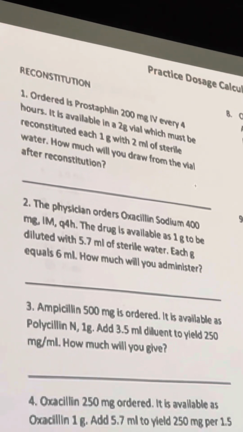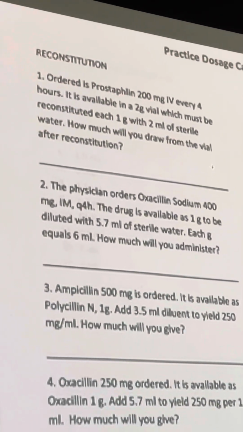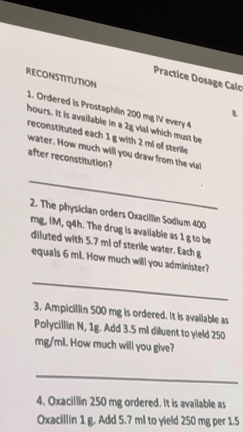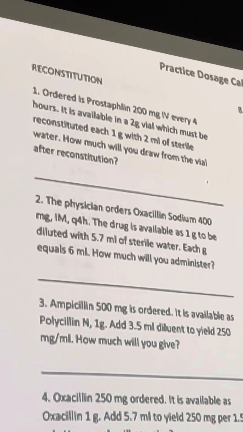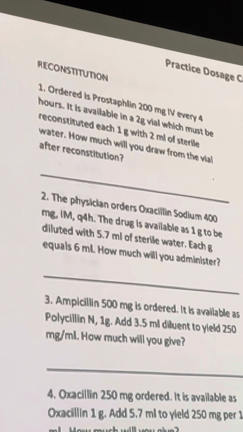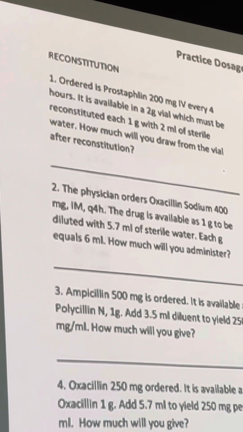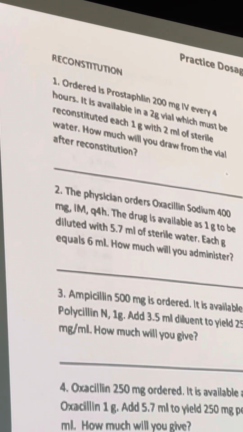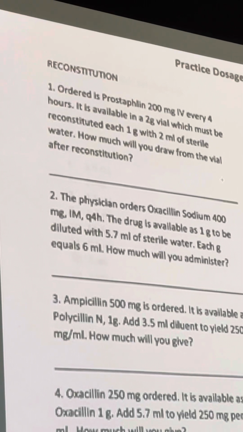So we always use the order. Absolutely. I don't want you to solve anything. I just want you to watch me. We always use the order. What will we use from that reconstitution? Will we use the 2 grams, the 1 gram, 2 ml? What are we going to use? 2 ml, 1 gram. We have to use that.